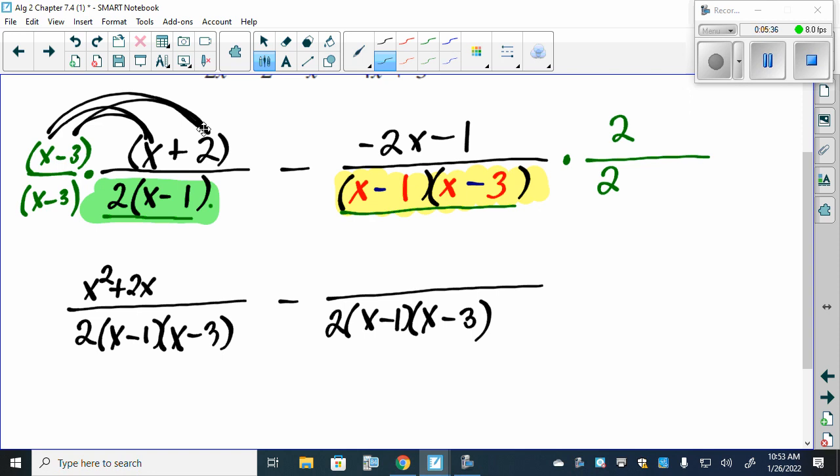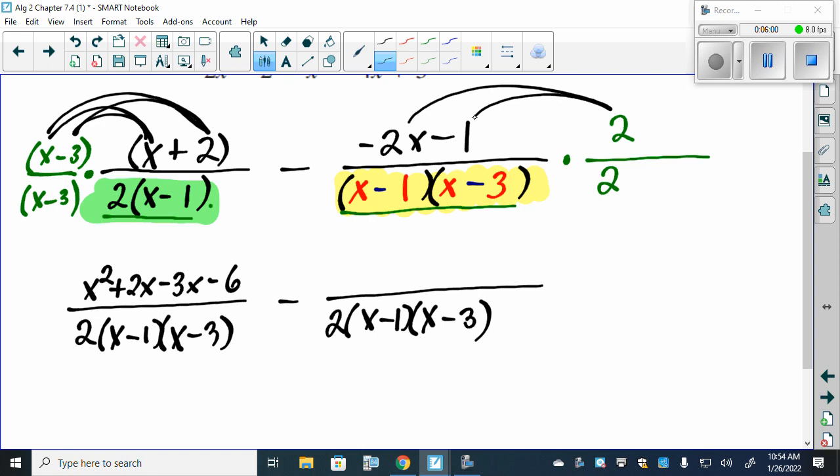Now we can also do negative 3 times x, which is negative 3x. And negative 3 times 2 is negative 6. And that's all the distributive property for the first rational expression.